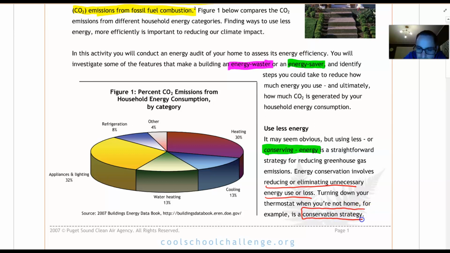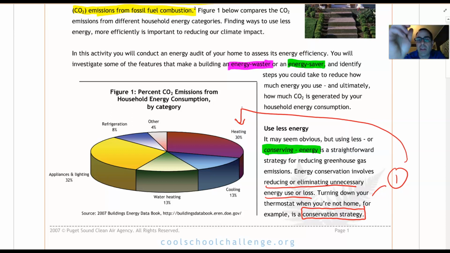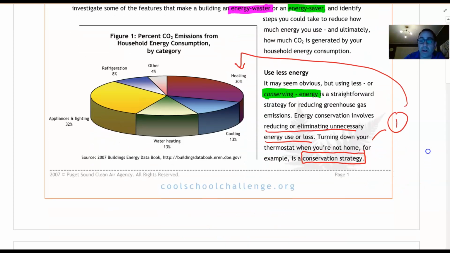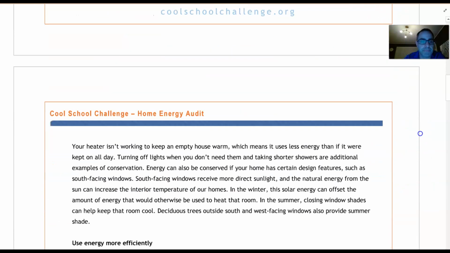Conservation means we're trying to reduce how much energy we use. This is one example right here of something that we can do differently, and that would impact our heating. So this is an example of how we could do something very straightforward at home, and it can maybe reduce the amount of CO2 we produce just by heating our homes. And in Canada, that's really important because it's cold here for a long, long time.